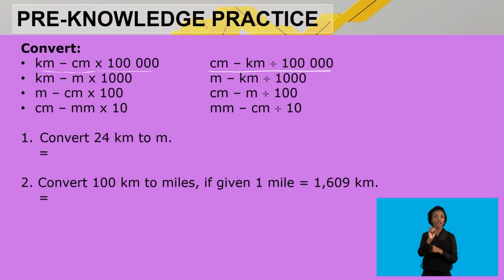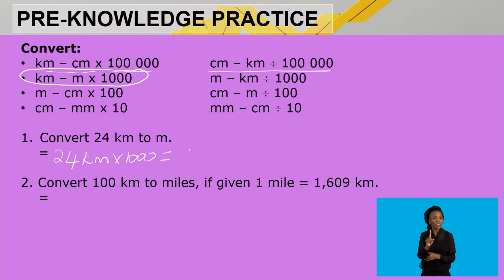So now having the first example, convert 24 kilometers to meters. You are moving from kilometers to meters, so we are going to use this one. You have your 24 kilometers, and you're going to multiply this by 1,000.